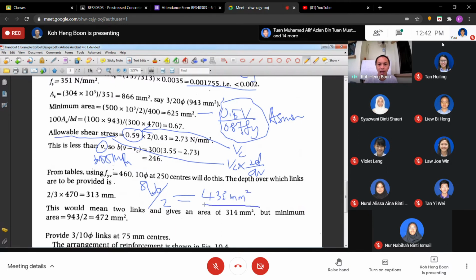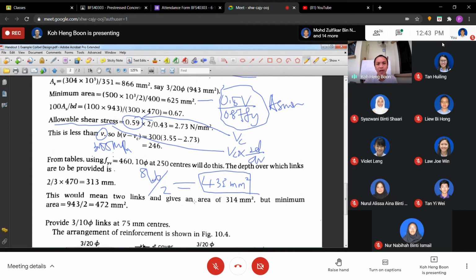Okay, you have to remember this one is going to use 10 mm. Based on 10 mm, 10 mm is 78.5. You see that you need about 5 point something, is it? But you have to remember the link is going to have a loop.